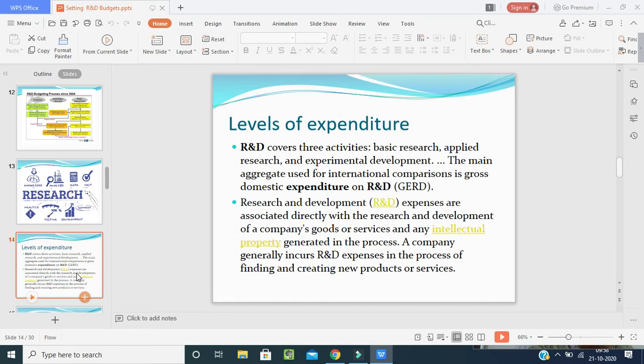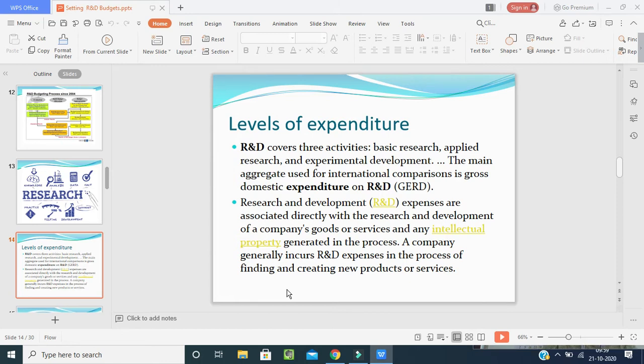Another thing: research and development expenses are associated directly with the research and development of a company's goods or services, and any intellectual property generated in the process. A company generally incurs R&D expenses in the process of finding and creating new products or services.